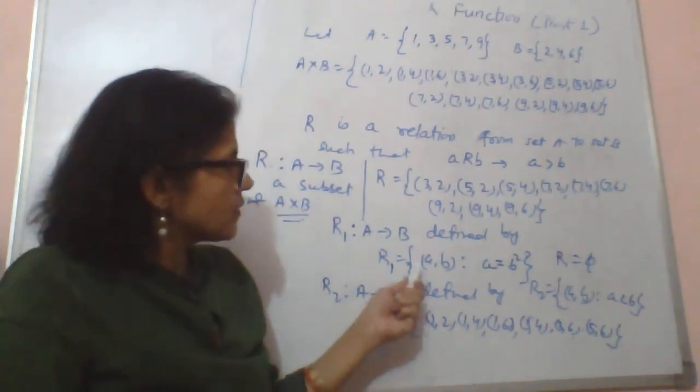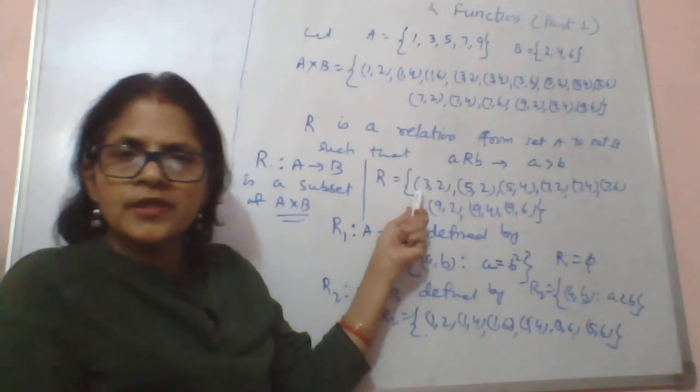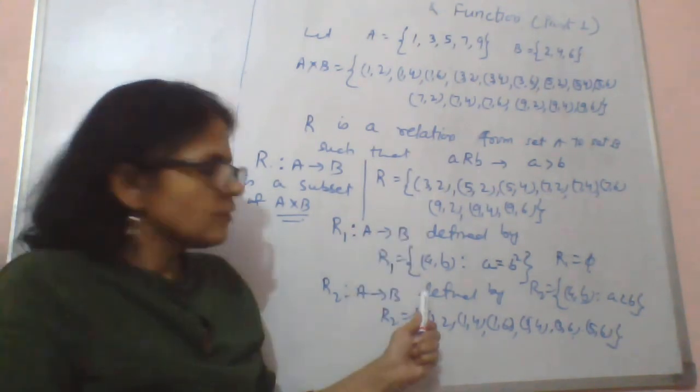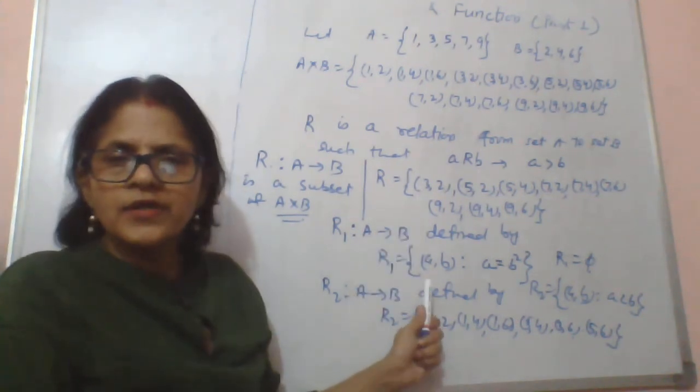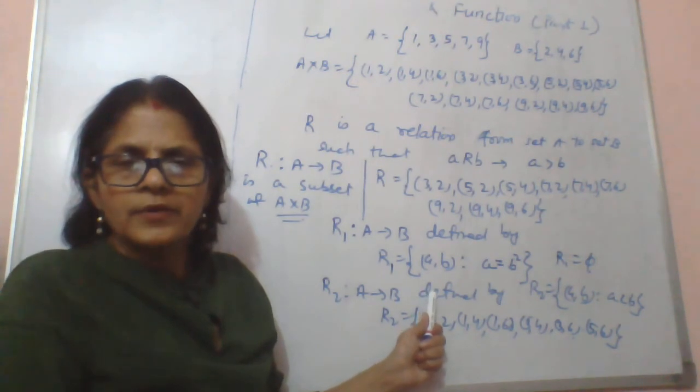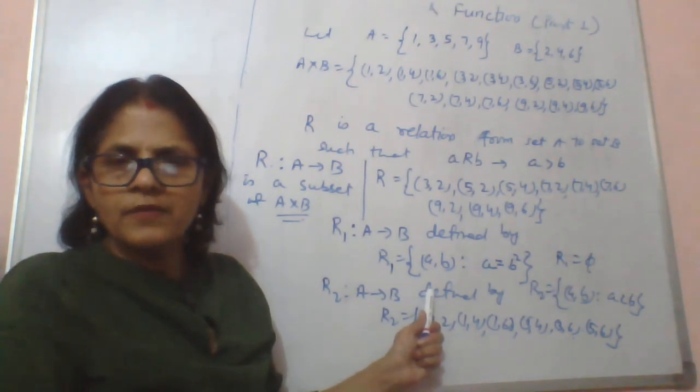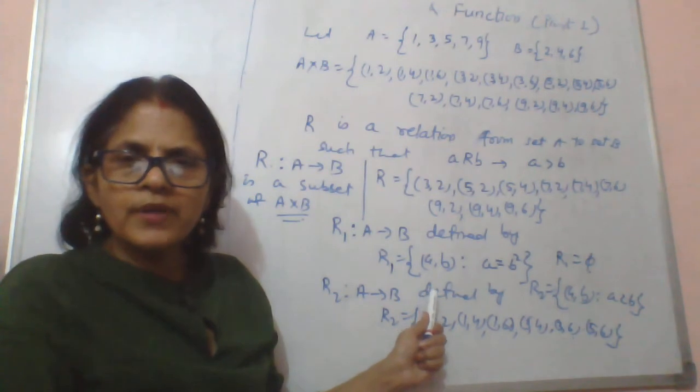And also you see, whenever we write a relation as ordered pairs, the set of all first components, we call it the domain of the relation.